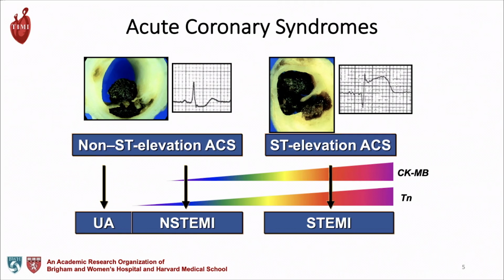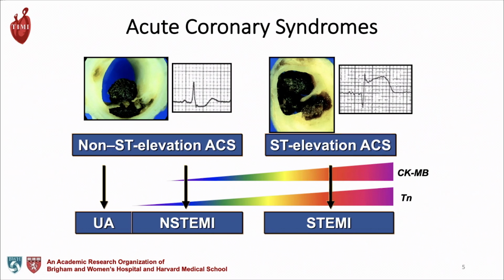And that manifests on the electrocardiogram with either ST segment depression or T-wave inversions. By contrast, in the case of ST segment elevation acute coronary syndromes, the coronary thrombus expands such that there's complete occlusion of the coronary artery. The result is transmural myocardial ischemia, which manifests with ST segment elevations on the electrocardiogram. And so that's the major clinical distinction: the electrocardiographic appearance.